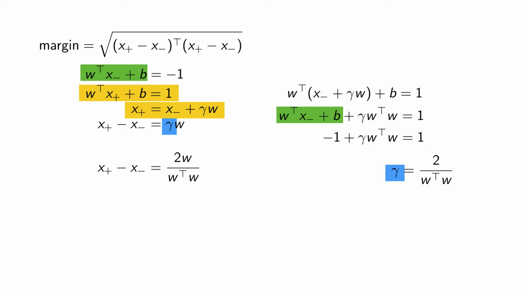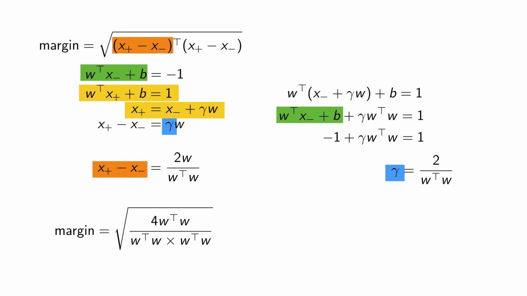Okay, we're almost there, and this is exactly what we wanted, because this difference between the x plus vector and the x minus vector is pretty much the vector that determines the margin. We just need to measure the magnitude of that vector by multiplying it with itself and taking its square root. And we end up with this expression, which looks a little bit scary maybe, but things cancel very nicely, and we end up with 2 divided by the norm of w.